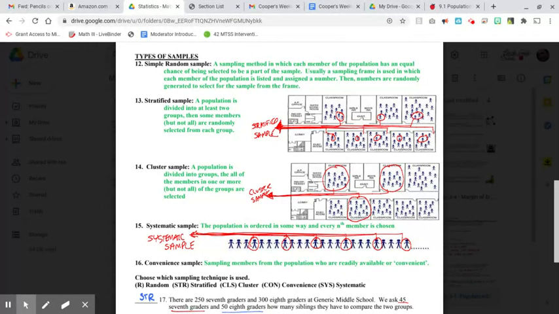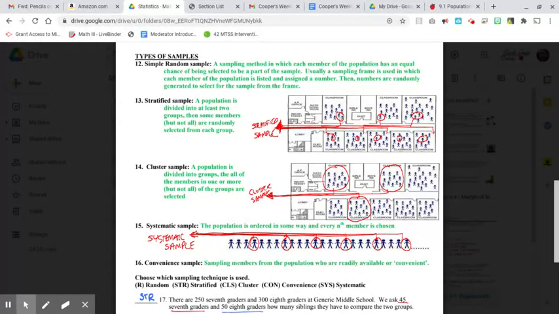Next is a cluster sample. In this, you divide your population into groups, and then all the members of the groups are selected. So let's say the seminar room is full, and let's say I divide it into 3 groups, the left side, the middle, and the right side. And then I pick either the left, middle, or right randomly.